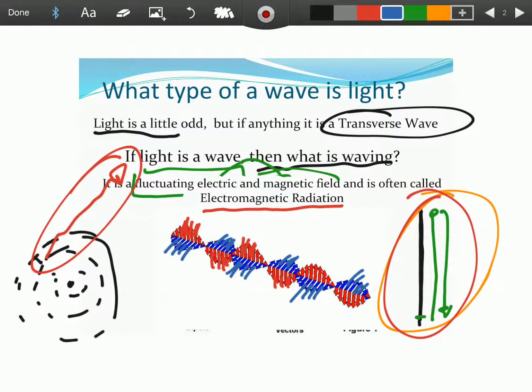So with sound, you have a string or something vibrating, and sound propagates through space as a pressure wave. With light, you have an electron that's accelerating or vibrating in some way, and light propagates through space as an electromagnetic wave. It doesn't require a medium.